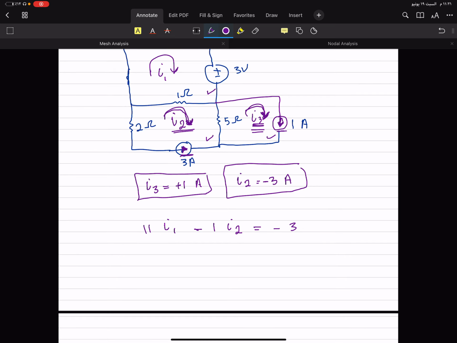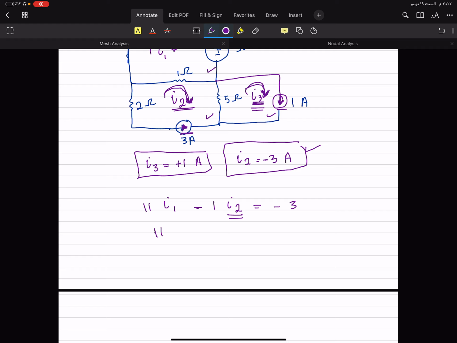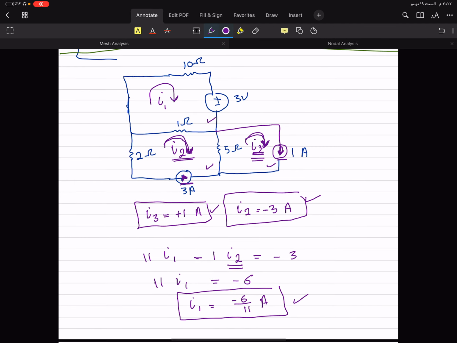And you have the value of I2, so it will say 11 I1, and negative with negative will cancel, so it will be plus 3, plus 3. I will put it in the opposite direction, it will be minus 6. So I1 is equal to minus 6 over 11 amps. You have all three currents solved.